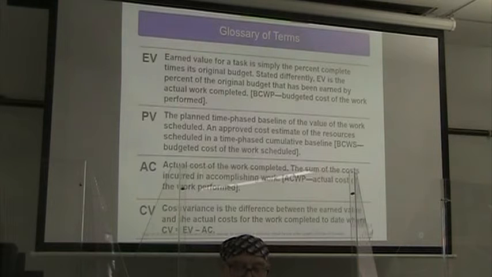And the cost variance is the difference between the earned value and the actual cost for the work completed to date, where our cost variance equals our earned value minus our actual cost.